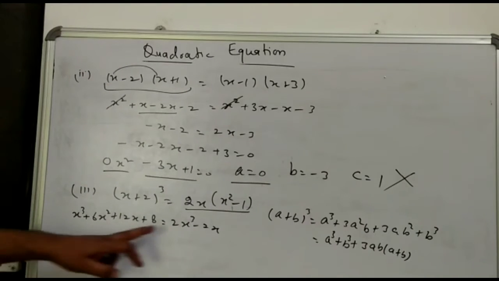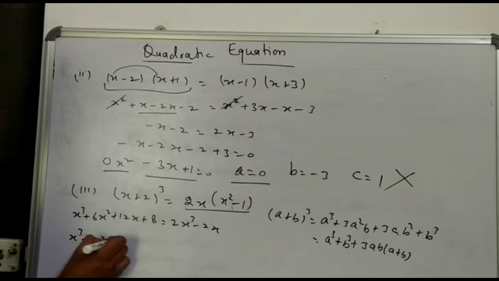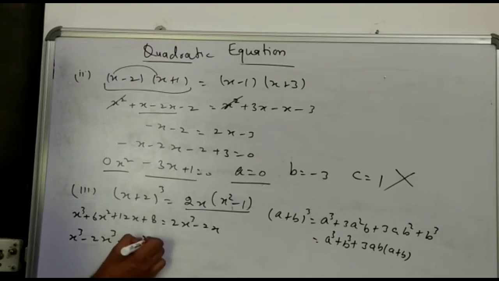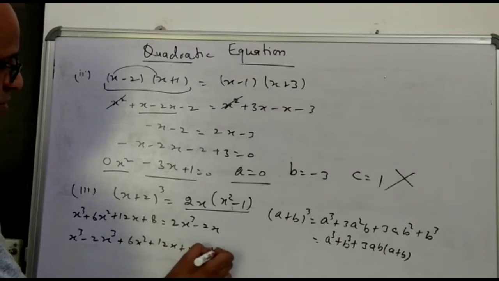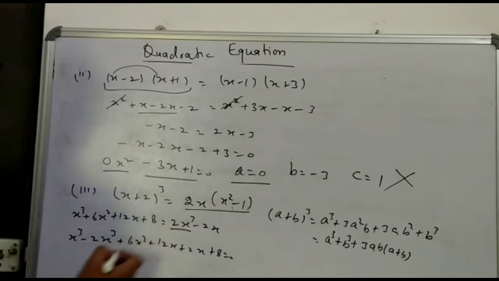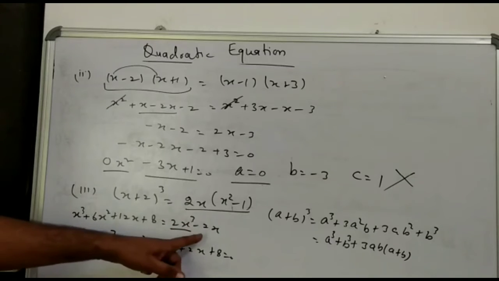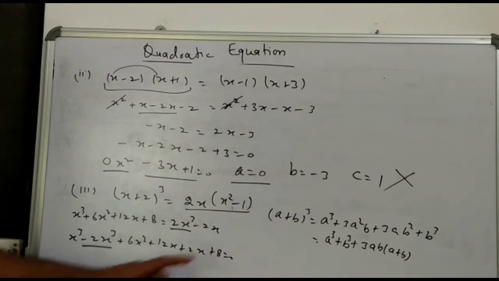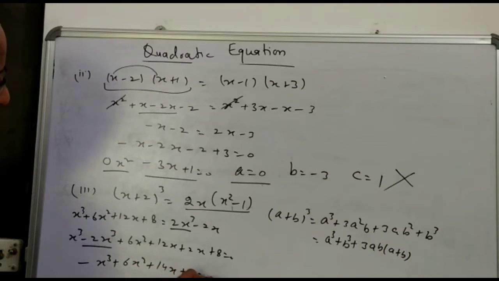Now it is x cube minus 2x cube plus 6x square plus 12x plus 2x plus 8 equals to 0. This 2x cube will become minus 2x cube, and this minus 2x will be plus 2x. Now it is minus x cube plus 6x square plus 14x plus 8 equals to 0.